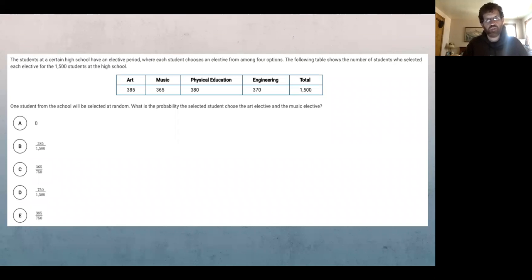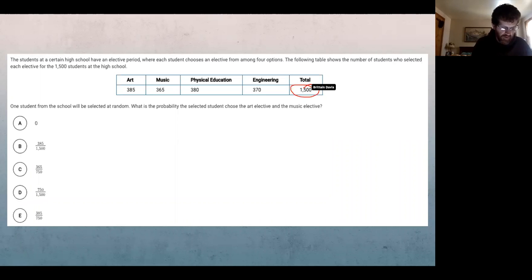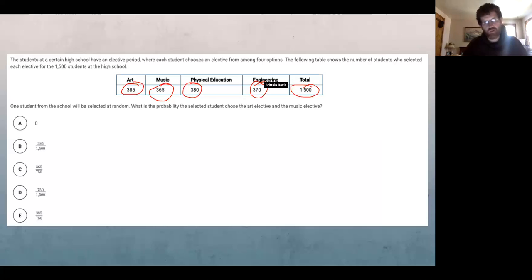Okay, now here's what we need to do: first of all, figure out, are these mutually exclusive or not? So I'm going to figure out, there's 1,500 students, and if these 4 options all add up to 1,500, that means that every student chose only 1 elective. And that seems to be the case from the prompt.